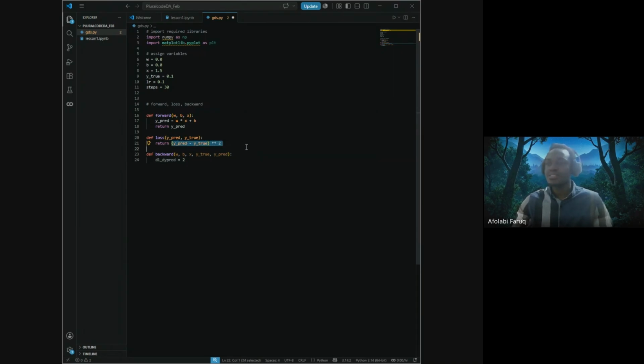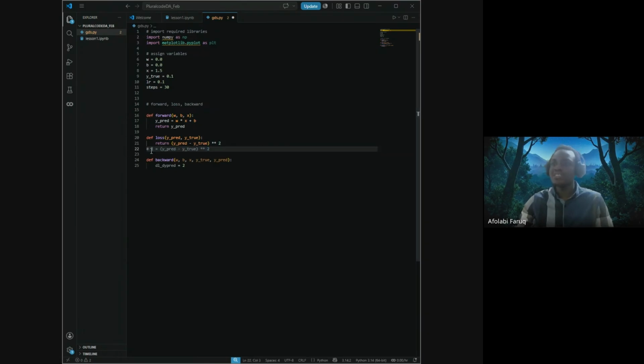We are differentiating L, and don't forget that L is this, our loss.